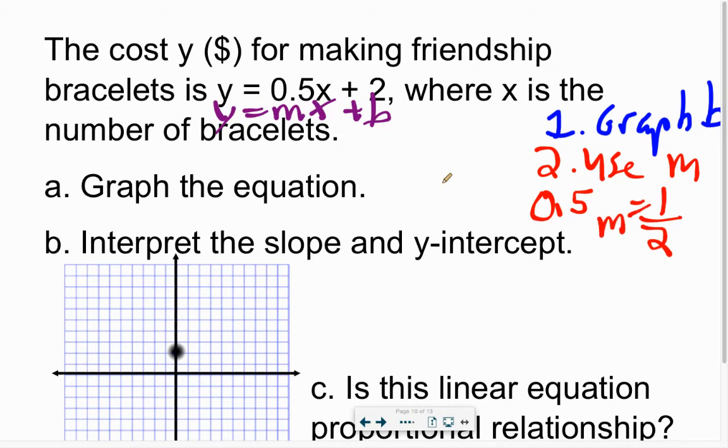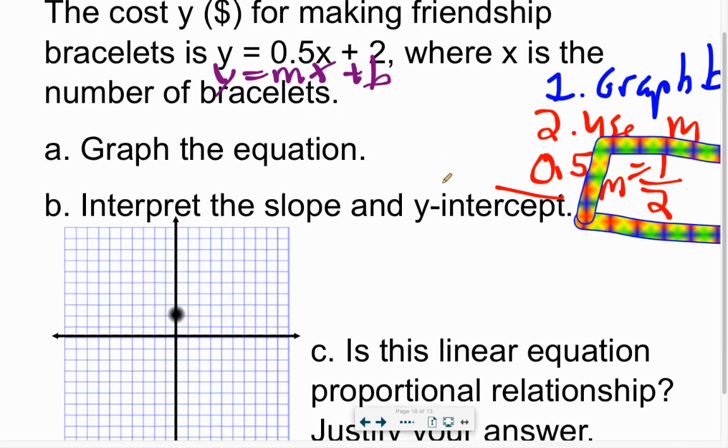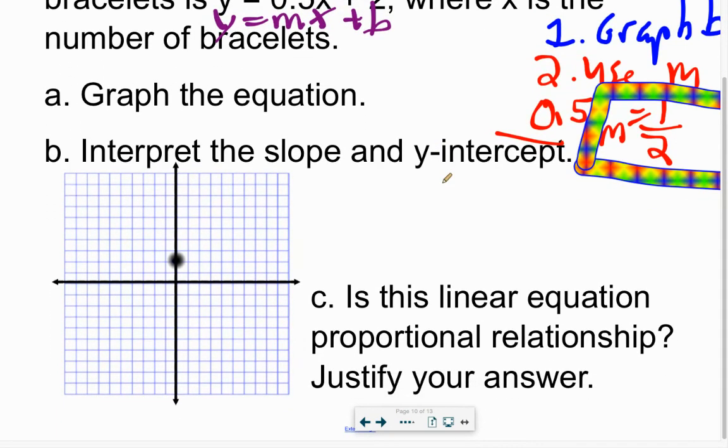So I'm going to use that as my m. So when I get this half, that again came from 0.5. Switched it that way. Why? So that way when we're looking at this graph here, we can look at going rise over run. So instead of 0.5, I can say the rise is 1 and the run is 2.